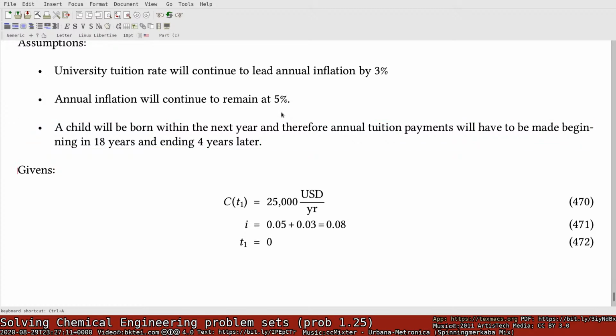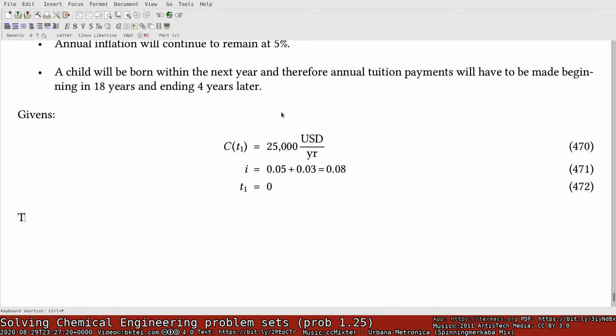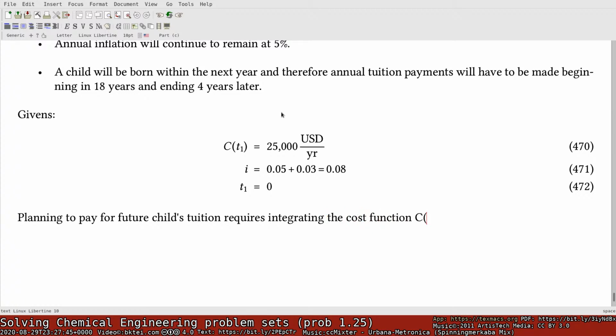Okay. So first, planning to pay for a future child's tuition requires integrating the cost function C of t over 4 years.